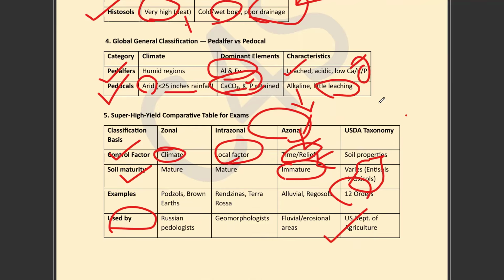Summing up whatever we have been learning for a while, we have discussed different types of classification of soils: zonal, intrazonal, and azonal. I have explained each and every term. After that, we went into the USDA classification of soil properties, and we have seen 12 orders of soils.